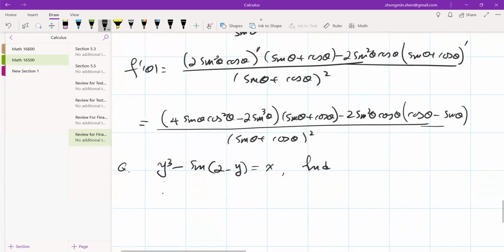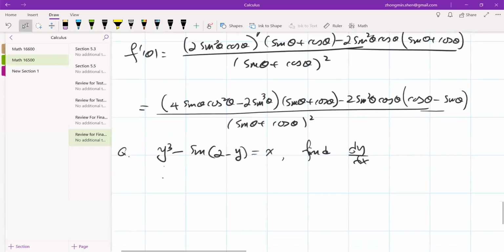Find the dy over dx, and express it in terms of x and y.